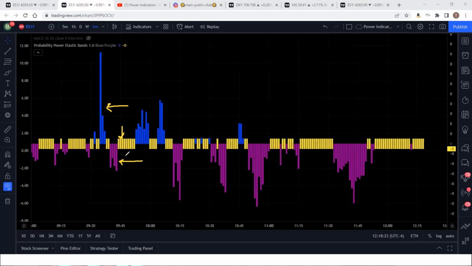So again, in line with the power cloud, blue means that your trend or your momentum is up. Purple means the momentum is down. And then when you have the yellow bands, that means it's neutral and no strong momentum in either direction. And again, as was with the power cloud, just kind of back and forth.